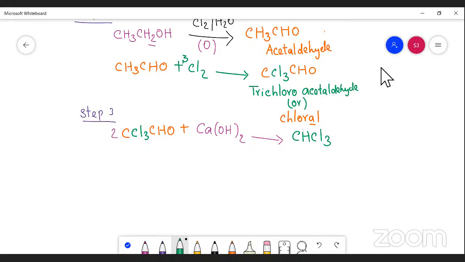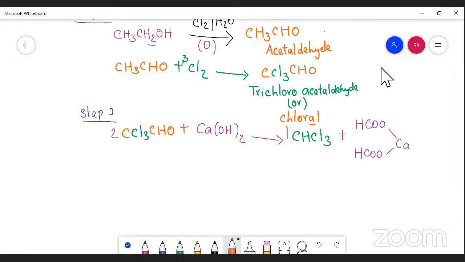We may get chloroform, and the remaining we may get is calcium formate, that is (HCOO)2Ca. So we may get calcium formate and the chloroform. So chloroform is prepared this way.